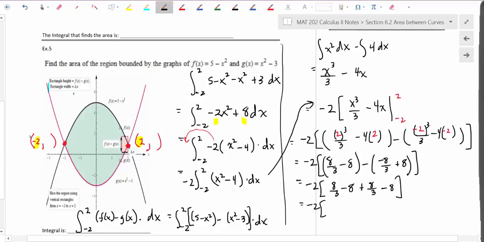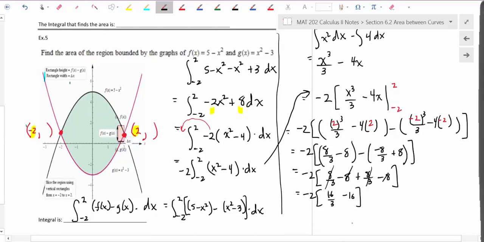We have 16 thirds there, and then minus 16 there. And then I can go ahead and do a distributive property. So I can put that over 1. I'm doing negative 2 over 1 times 16 thirds. And then I'm doing 2 negatives, so that's going to be plus 32. So that will be negative 32 thirds plus 32.